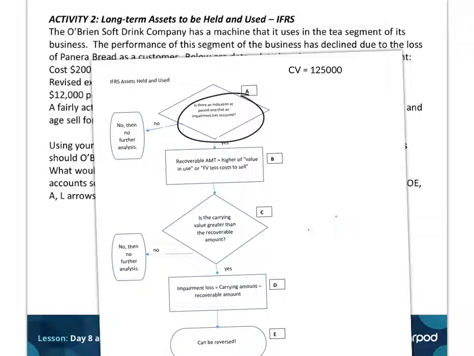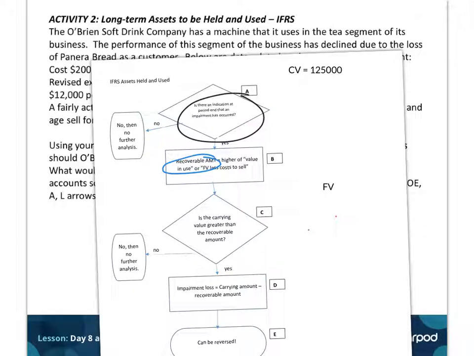One of the things we have to do first with IFRS is decide the recoverable amount. So we have to determine our recoverable amount, and that is just a definition. It's the higher of two values, the value in use and the fair value less cost to sell. Now the fair value we already talked about for this problem from the last example.